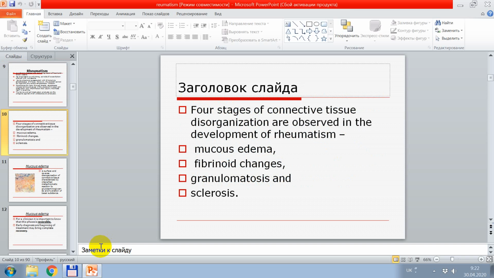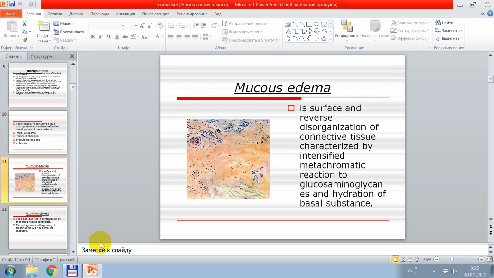In rheumatism, 4 stages of connective tissue disorganization are observed: mucous edema, fibrinoid change, granulomatosis, and sclerosis.